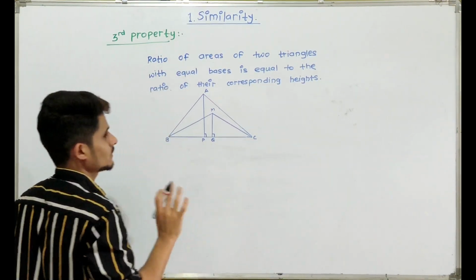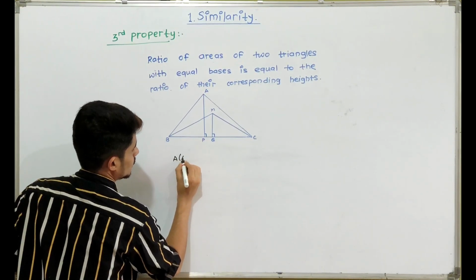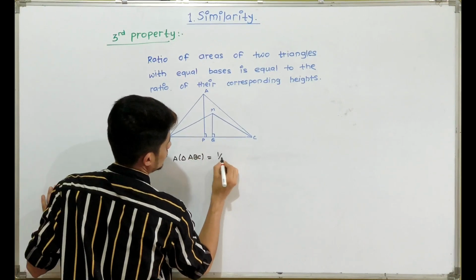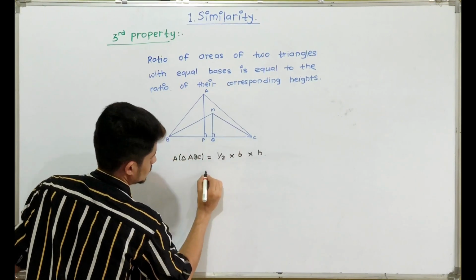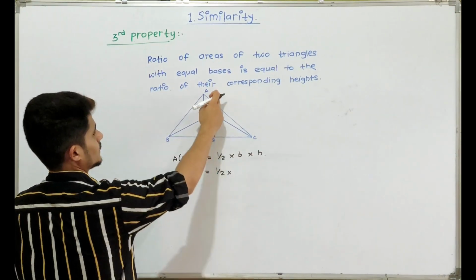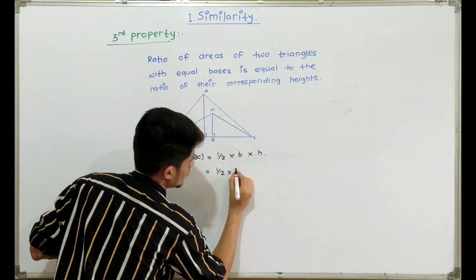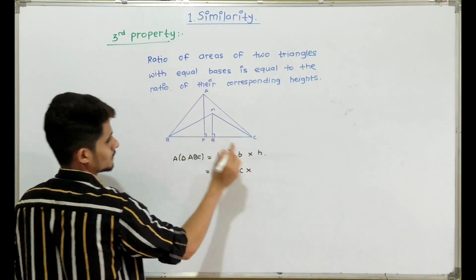Firstly we'll find the areas of the triangles. The area of triangle ABC is equal to half into base into height. The base of triangle ABC is BC and the height is AP.